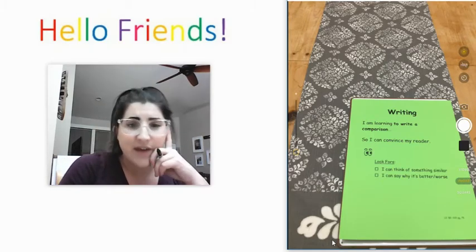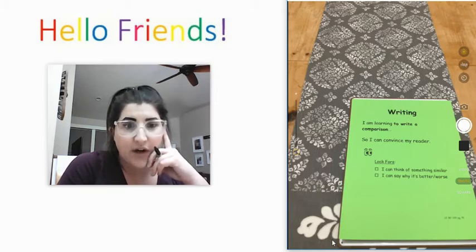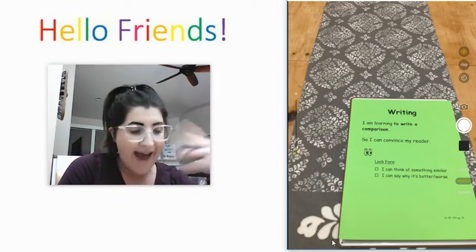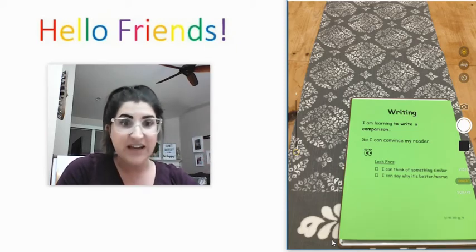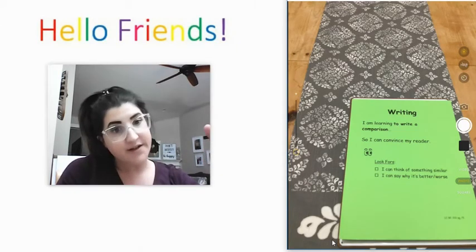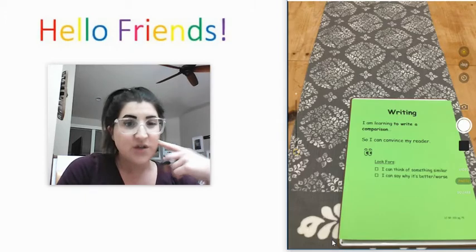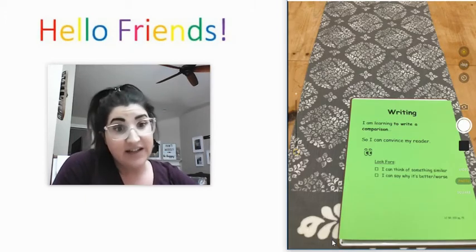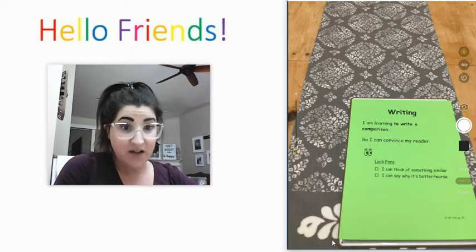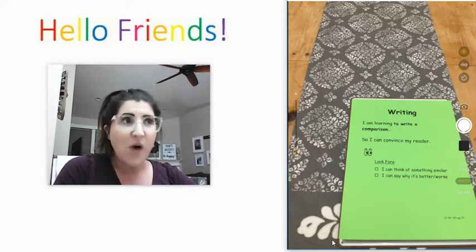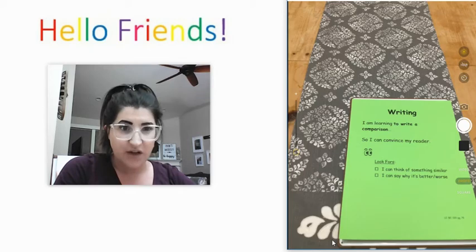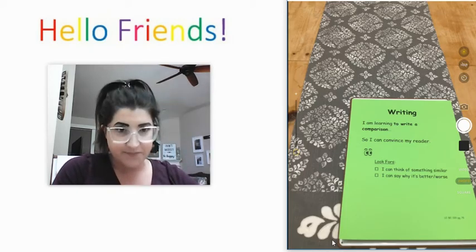Now, when I'm thinking about a comparison, I want to think about how something is better or worse than something else. So if I'm thinking about Edaline Dairy, which is my topic of choice, I want to think about how Edaline Dairy's ice cream is better than any other place.